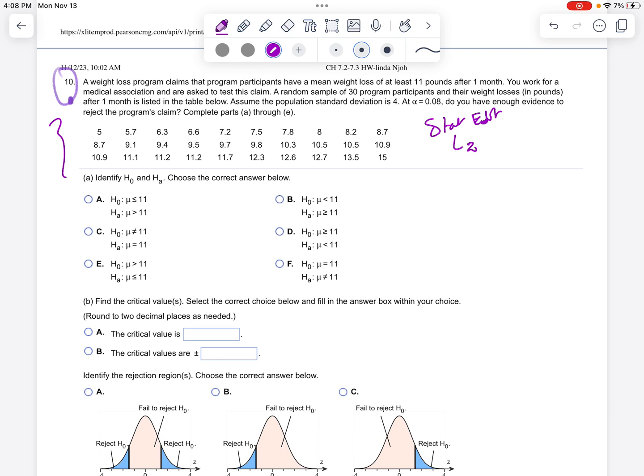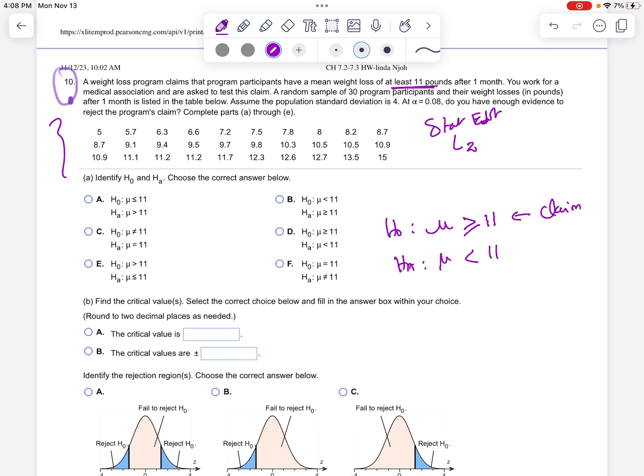It says, a weight loss program claims that the program participants have a mean of at least 11. At least means greater or more. See, it has an equality in there. So this is the claim, and this is the null. HA is going to be less than.